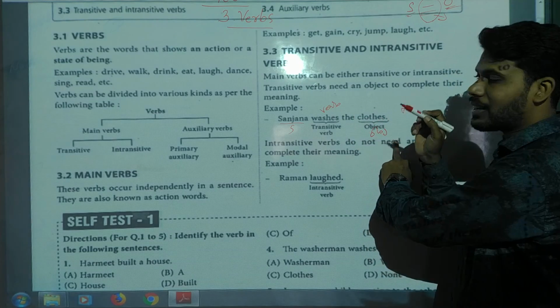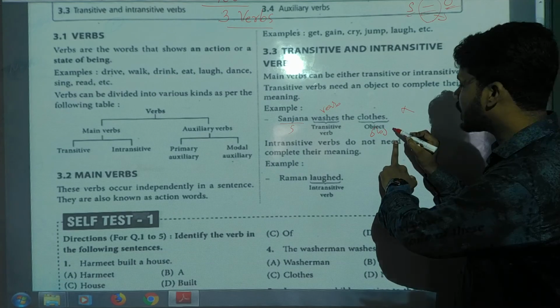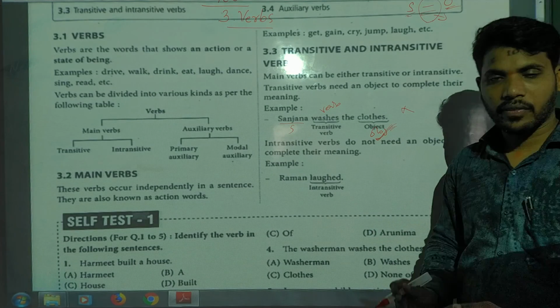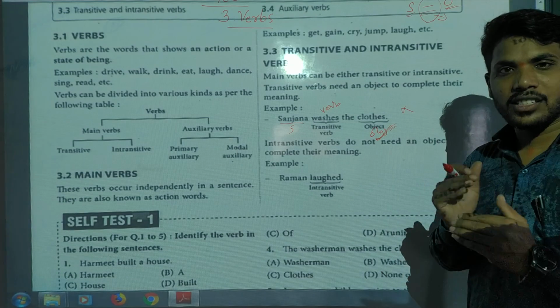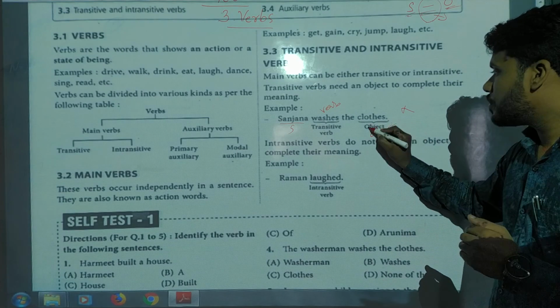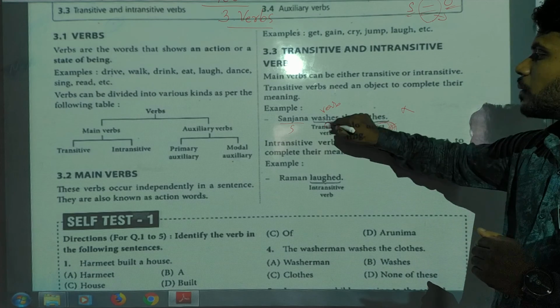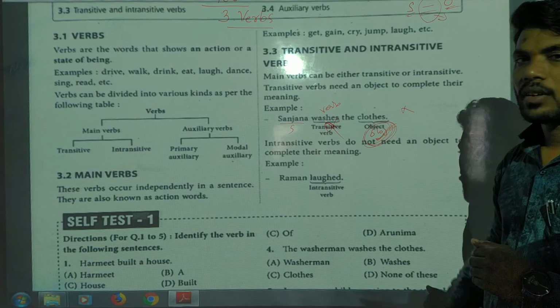So when you are writing transitive verbs, the object is compulsory. Understand? Without an object, it will be wrong.